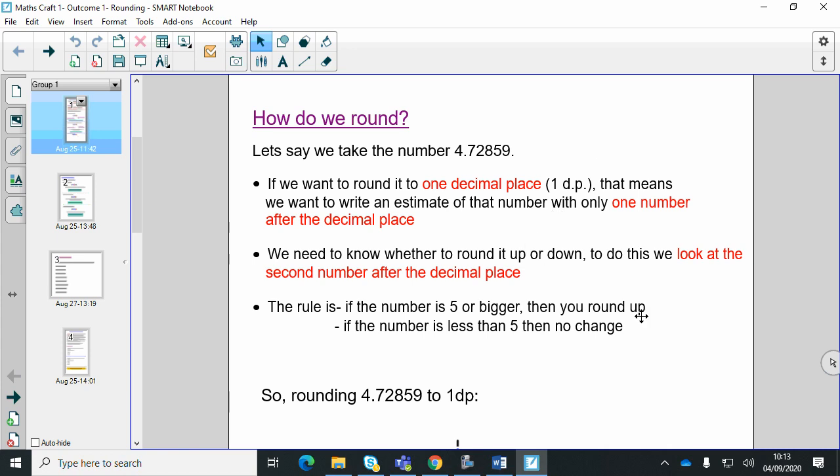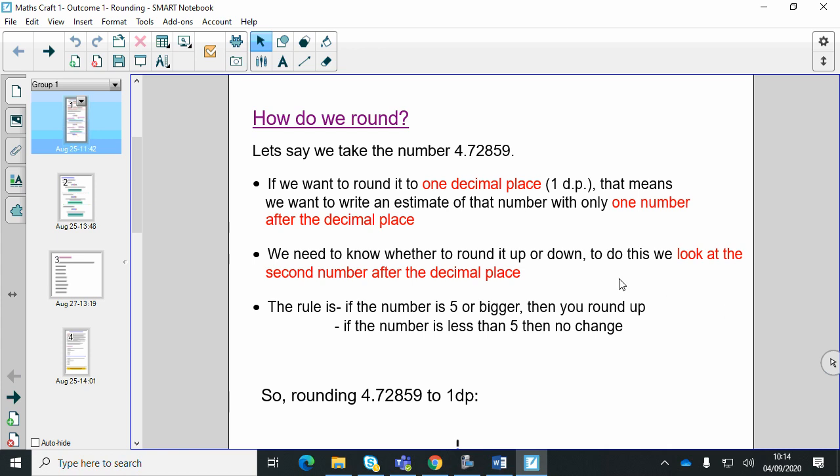Now, hopefully you recall from school how we round these. So, firstly, we need to know whether to round it up or down. And to do this, we're going to look at the second number after the decimal point. And that tells us whether the first number after the point goes up or whether it stays the same.